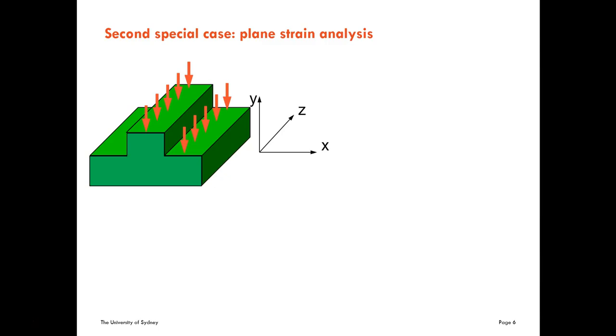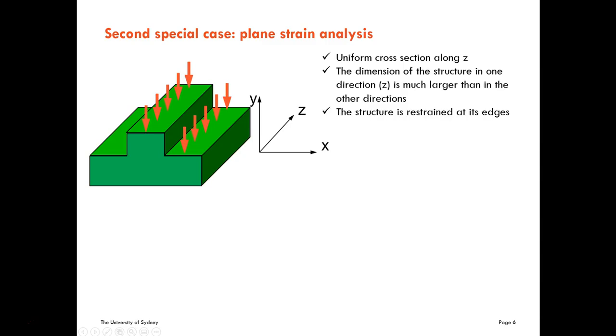So I use this as a coordinate system. Z is along the symmetry of this system, and we assume uniform cross section along z. This is going to be the uniform cross section. It doesn't change along z. So usually we assume that this dimension is much larger than this one, like in dams or other geotechnical structures.